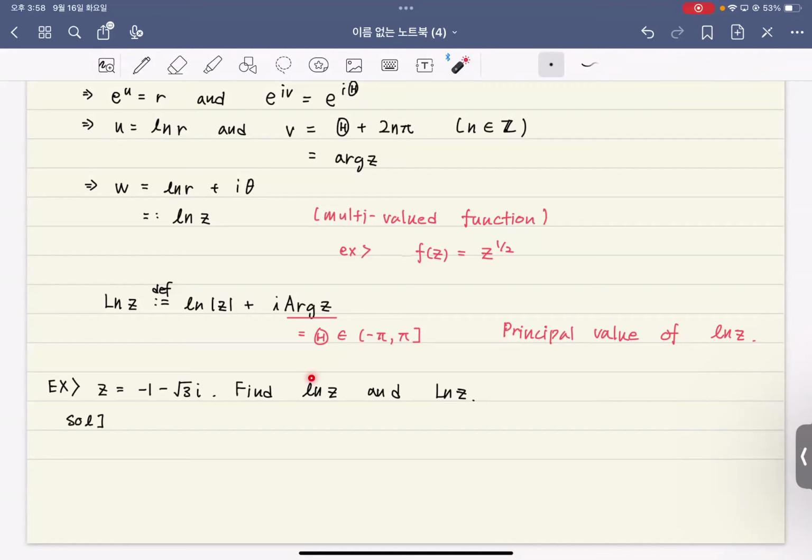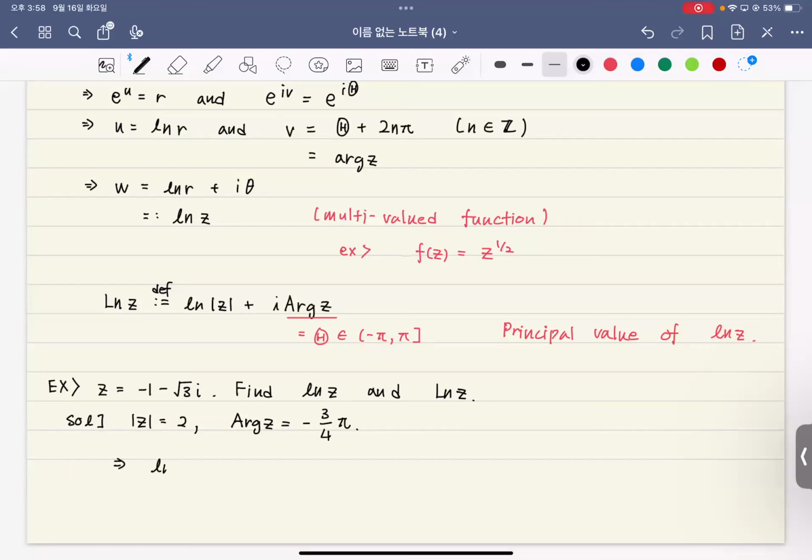To find these two numbers, I want to find the modulus of this guy. The modulus of z is clearly, what? Yeah, 2. And the principal value of the argument is, what? It should be negative 3/4 times pi.